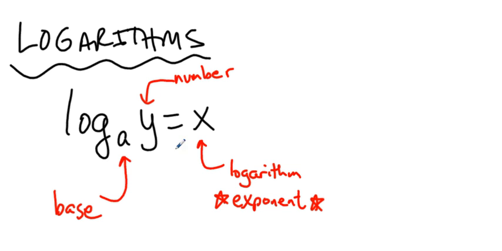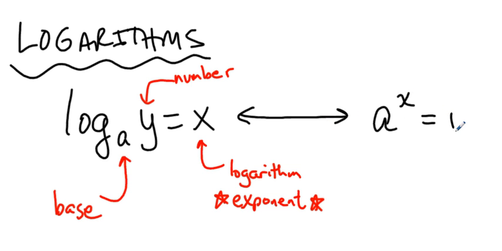When you see this log statement, what that really is equivalent to is the exponential statement a to the power of x is y. The base to the exponent is the number.